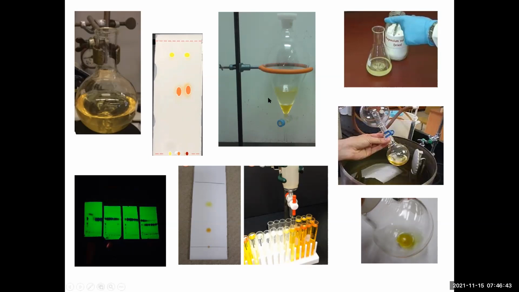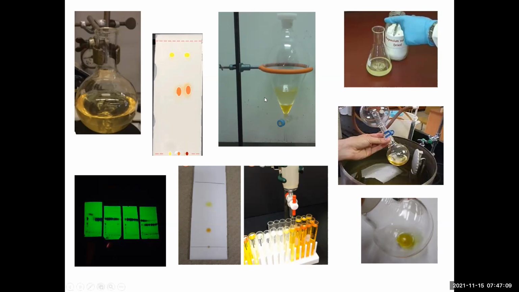So an extraction, again, uses an organic solvent and an aqueous layer. And sometimes acid-base extraction is done, or sometimes we just have reagents that would be more soluble in water than an organic solvent. And so we're able to start purifying the mixture by removing some compounds into the aqueous layer that are not our desired product.